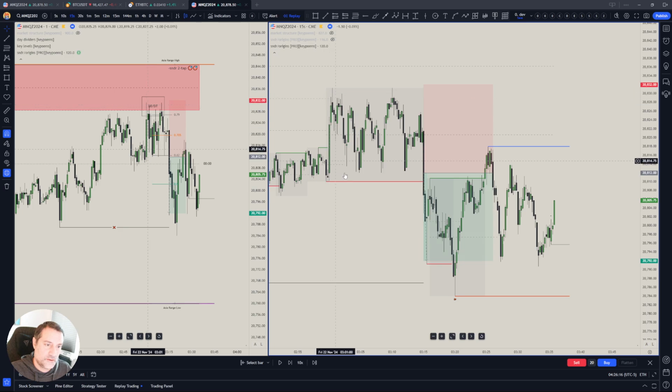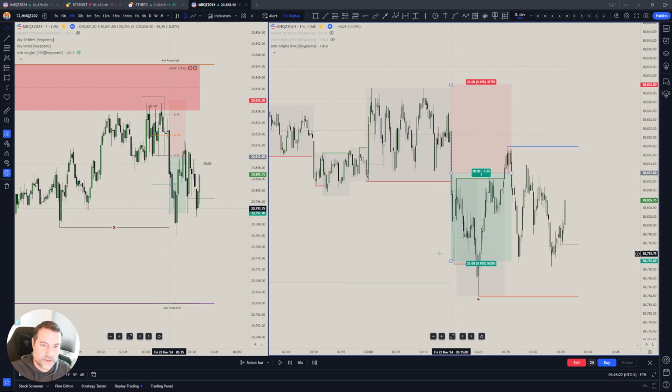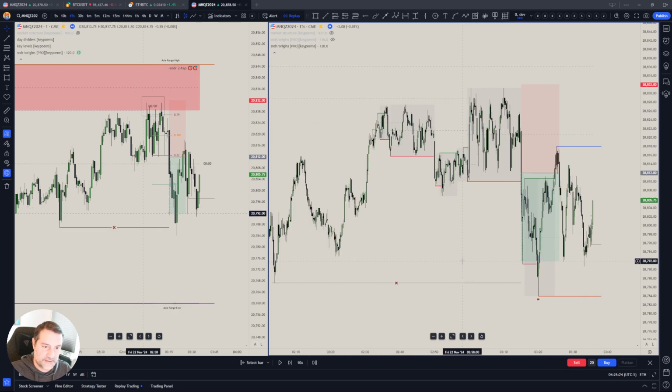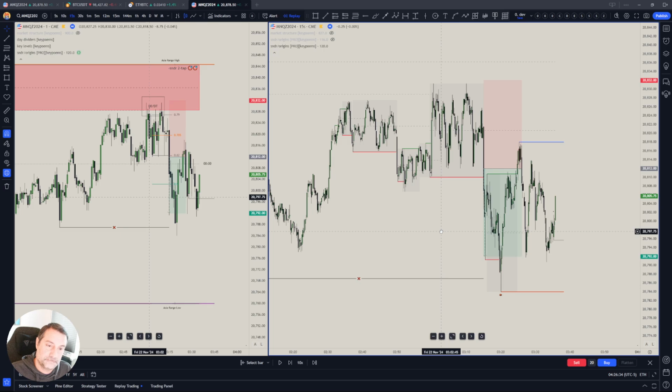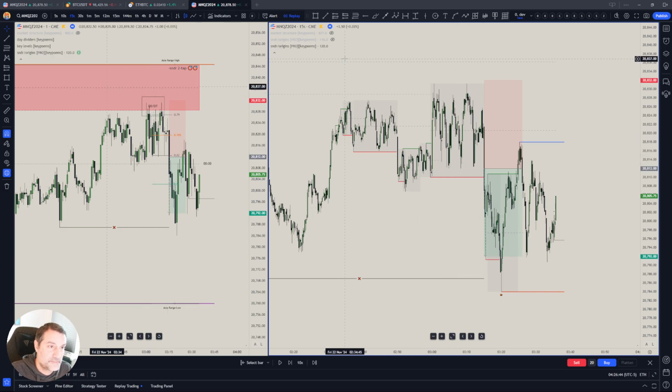What do we see? Okay, we had a break to the downside. We took liquidity at that level. Then we had a break to the upside. Now we are bearish, expect bearish continuations. So we could look for SBS, swing breakout sequence.